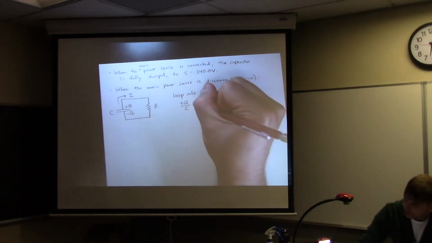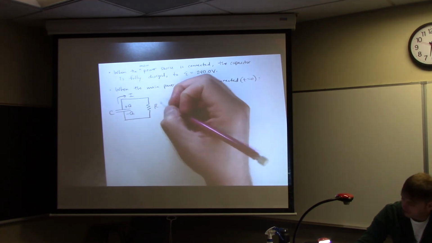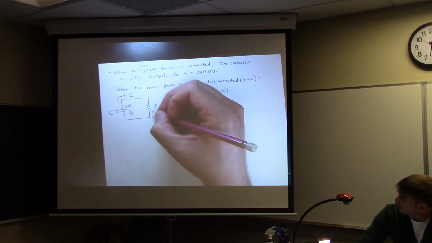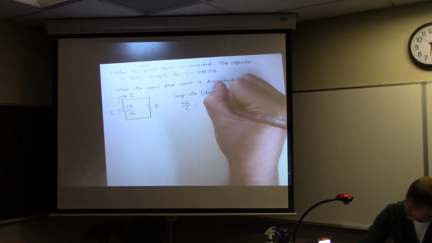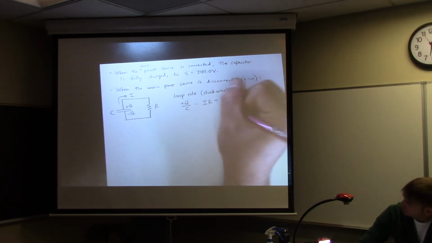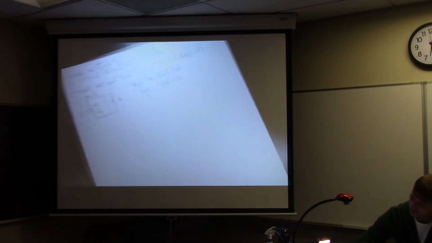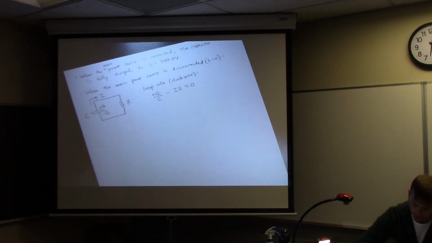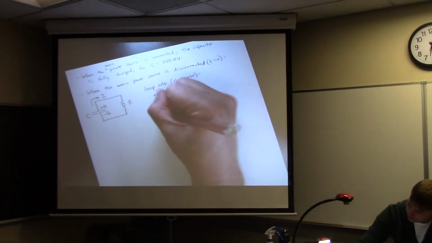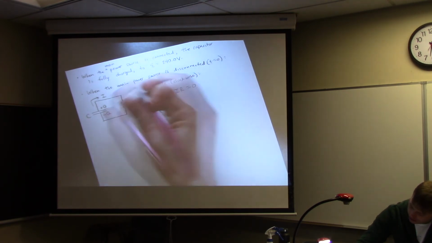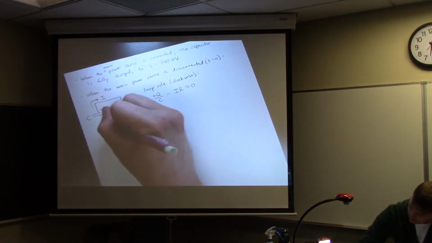But then I have a voltage decrease when I go across the resistor because I'm going in the direction of current. So I have minus I times R. That's the whole loop, so that's 0. Okay, at this point, we don't have to do too much more. We know that this is just an RC circuit discharging.